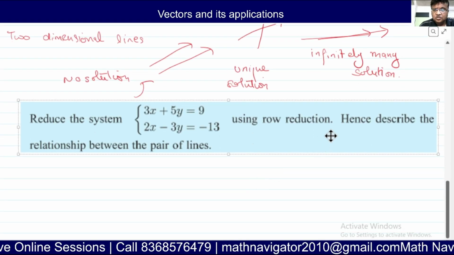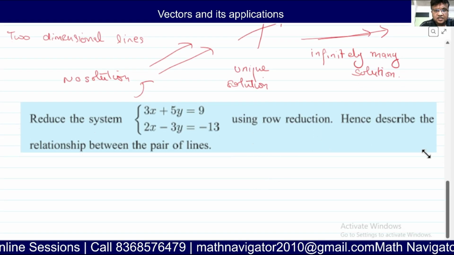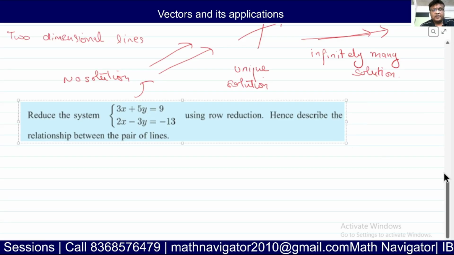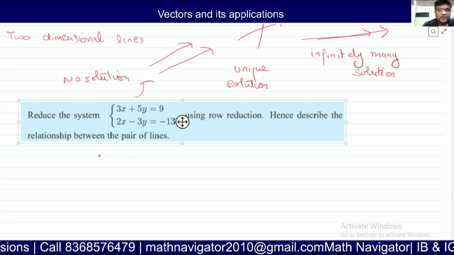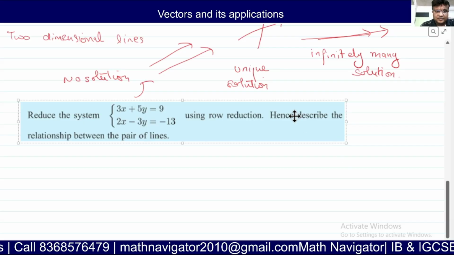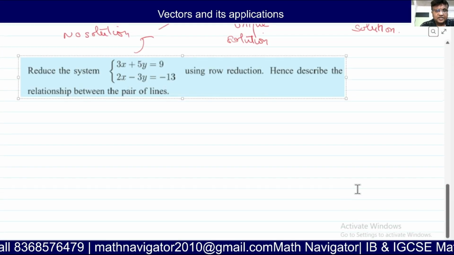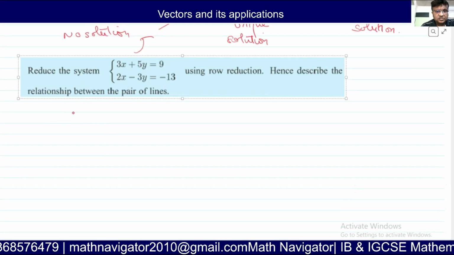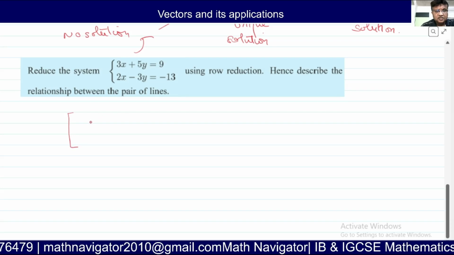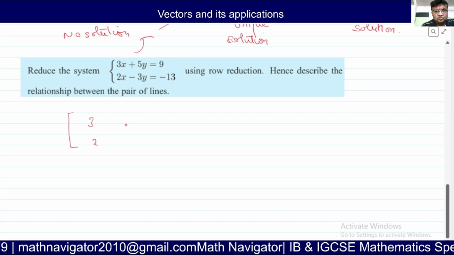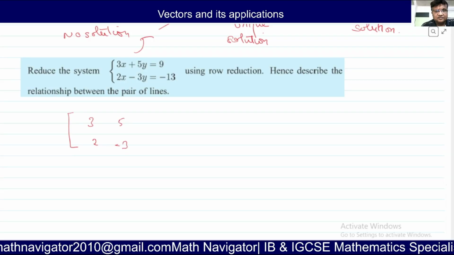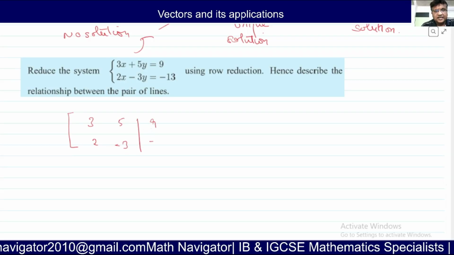Right. So basically what this question is saying, we have already seen how to solve using augmented matrices. So in this 2 by 2 system, first I'll make my augmented matrix and then I'll see what is happening with this. So let's go for it. 3, 5, negative 3, 9, negative 30.